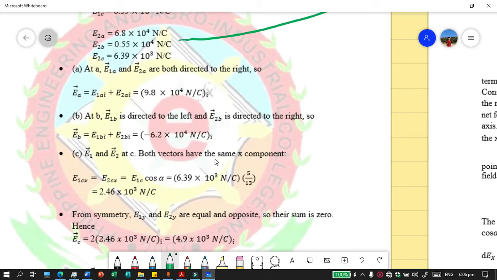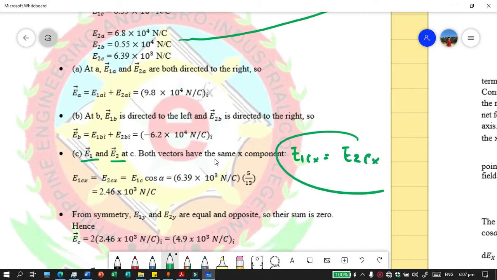ang hinahanap natin dito sa letter C is yung electric field at C, or electric field 1 on CX, electric field 2 on CX. So yun yung ginawa natin kanina, yung sinasabi nating E1CX is equal lang yan sa E2CX.